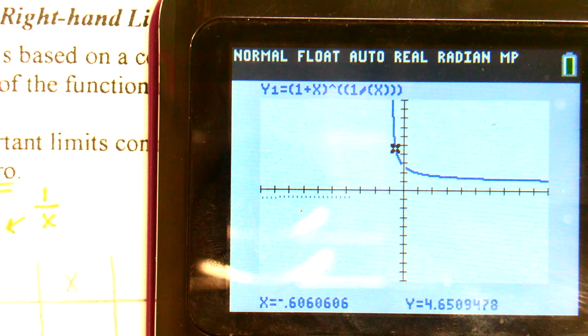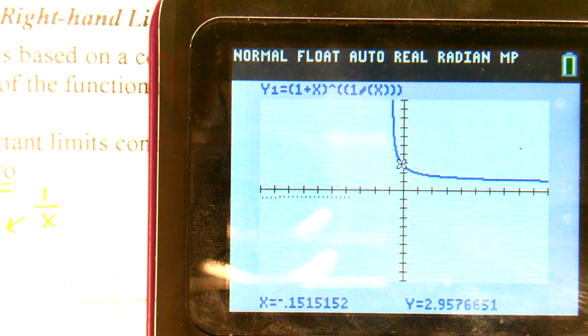So right there, I can tell it's somewhere in between 2.5 and 2.9. That's not very precise yet. Okay, and so this is where, I should have reviewed my calculator, how we do this on the calculator. We're going to look at the table. Now, you have to already have graphed it to look at the table.